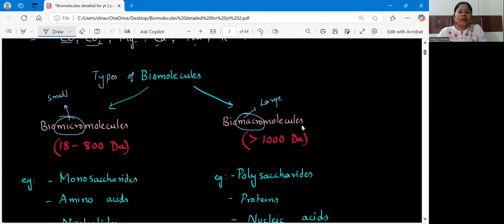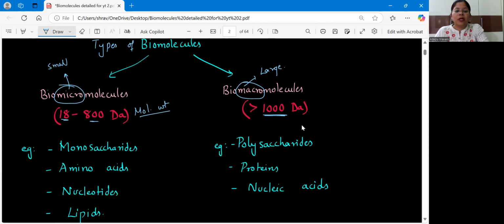So here, the biomolecules which are present in our body will be classified based on their molecular weight. If the molecular weight is less than 1000 daltons, around 18 to 800 daltons, such molecules we call biomicromolecules. On the other hand, if the molecular weight is more than 1000 daltons, then those molecules we consider as biomacromolecules.